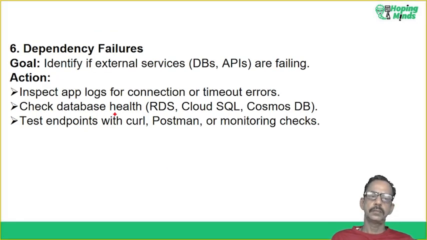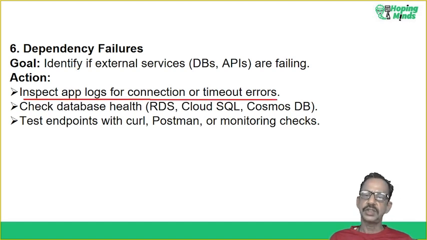Dependency failure. If you are using an application where a DB or API is failing, the reason can be that a dependency is not there. For that, you can inspect logs for connection or timeout errors.